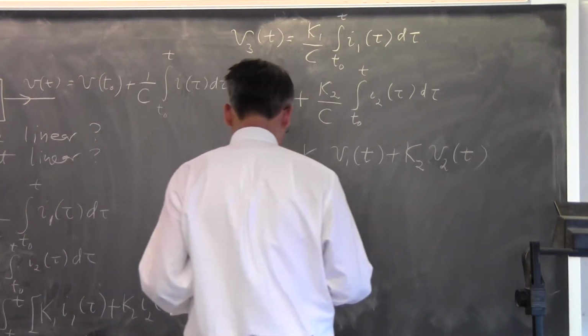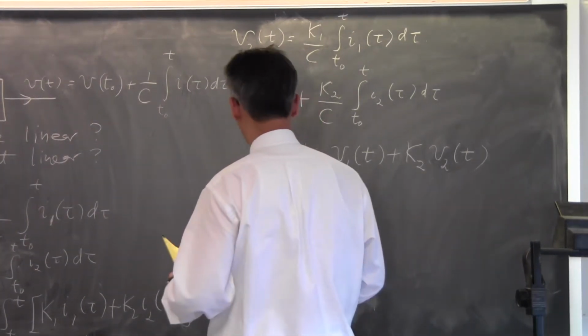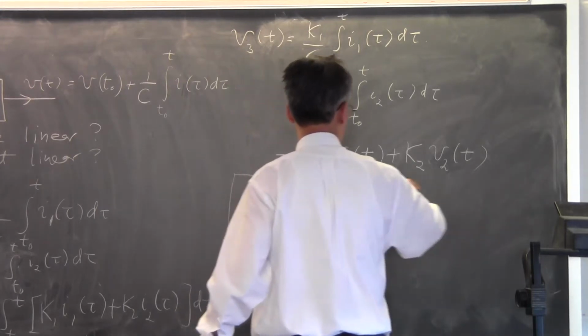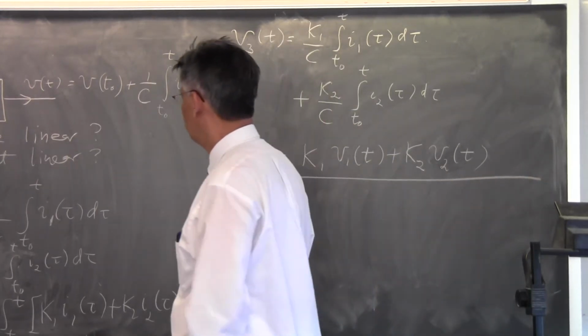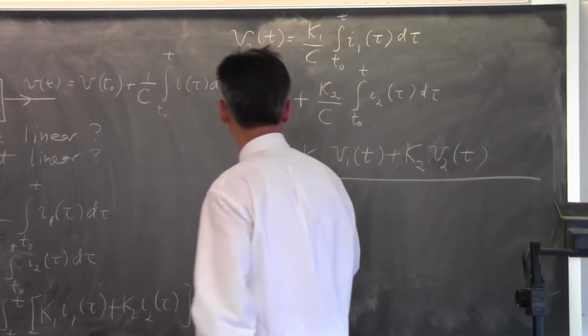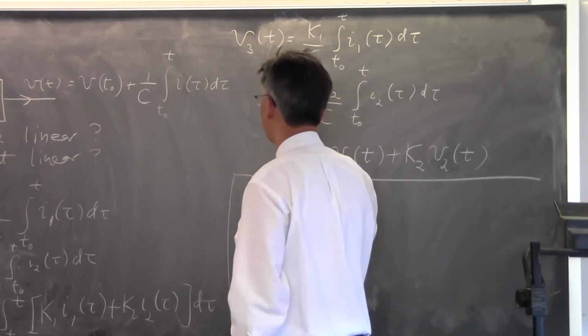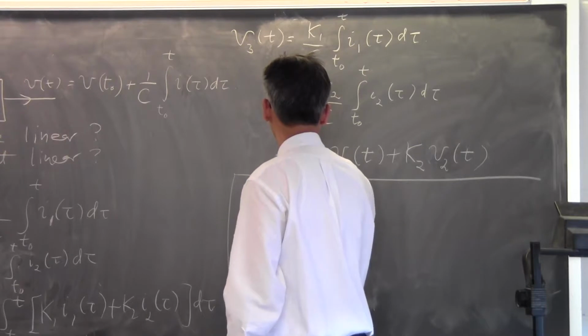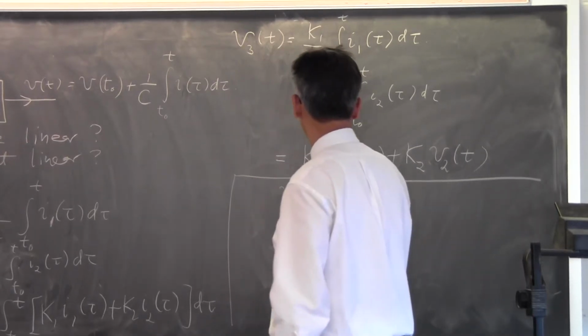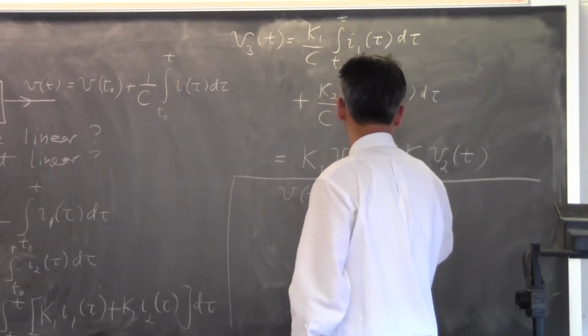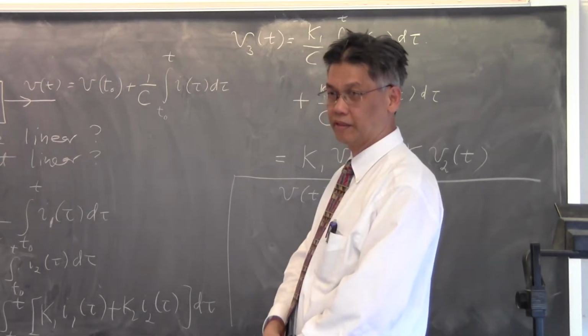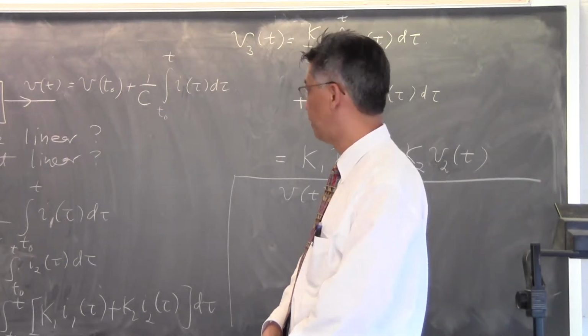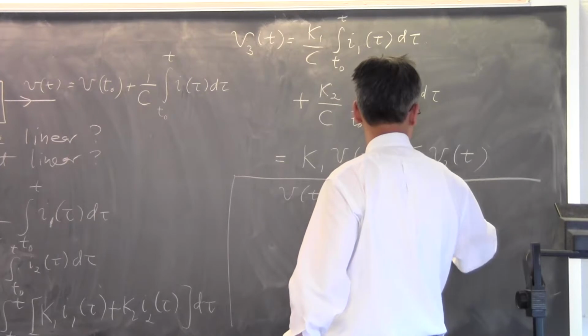The other one being the case when you have zero input. Then the input and output relationship is just related by v(t) equal to v(t0). That is a zero input response.